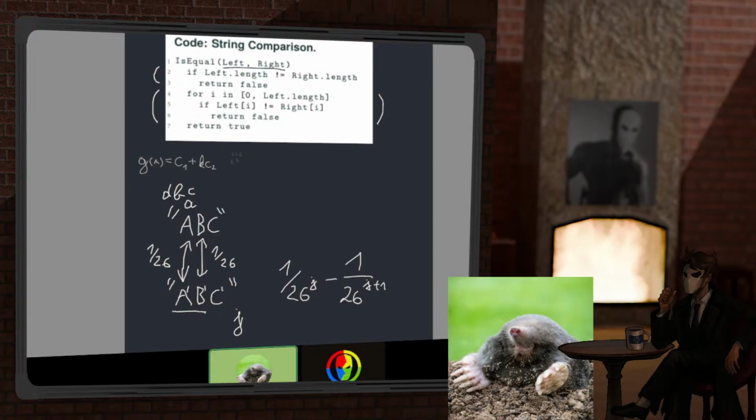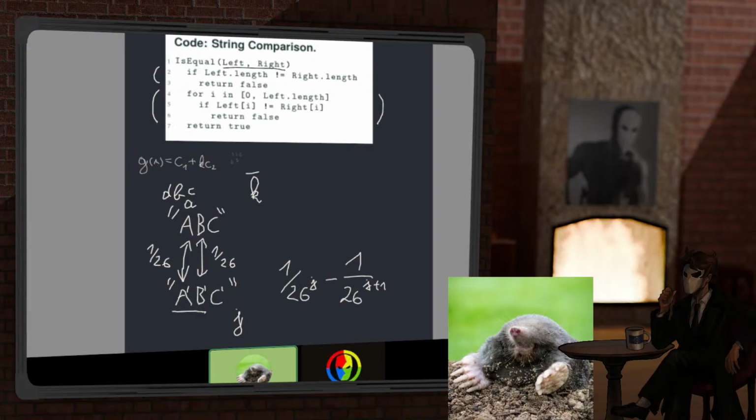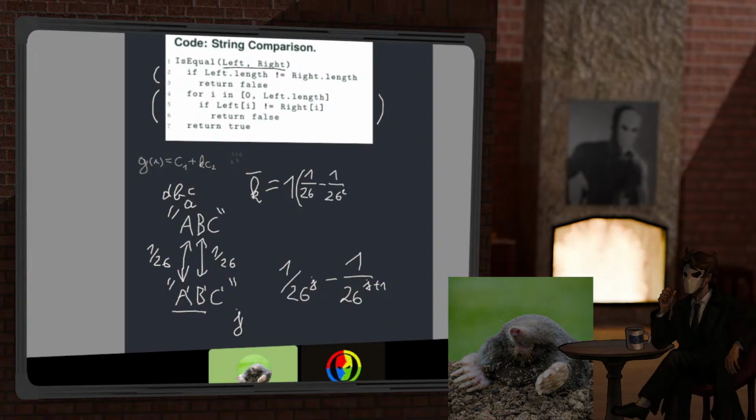What I mean by that is saying that our average k is equal to 1 times the probability of having only one character the same. So 1 in 26 minus 1 in 26 exponent 2. This is coming from here.